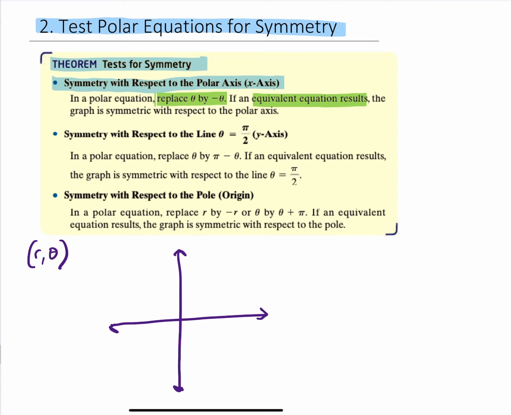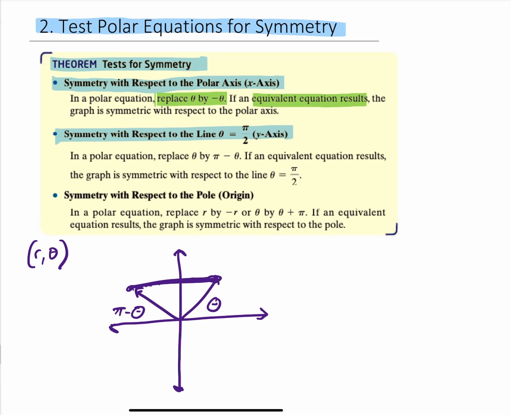To test symmetry across the y-axis, which is the line theta equals pi over 2 in polar coordinates, well, to be symmetric across the y-axis, let's say this is theta, this other angle on the other side would be pi minus theta. So it would produce the same point. If it does produce the same value, then it would be symmetric.